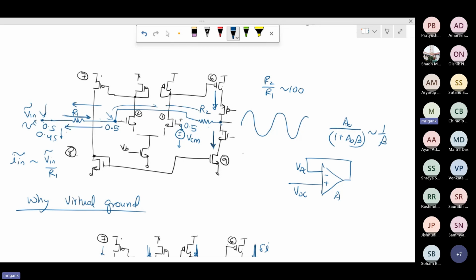That means from here to here the current is in this direction, and from the gate to the output, the current will flow from the output to the gate of M2. As a result, this voltage will be higher. This will push the output node towards a very high value, close to VDD. It will completely saturate the amplifier, not even work.